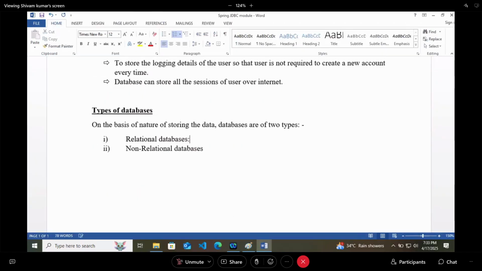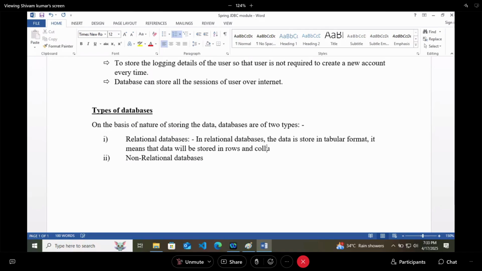Same thing we will mention here as well: in relational databases, the data is stored in tabular format. Tabular means that data will be stored in rows and columns.